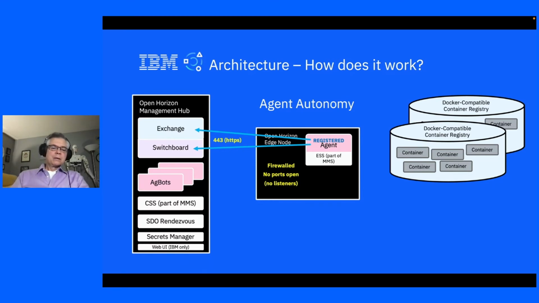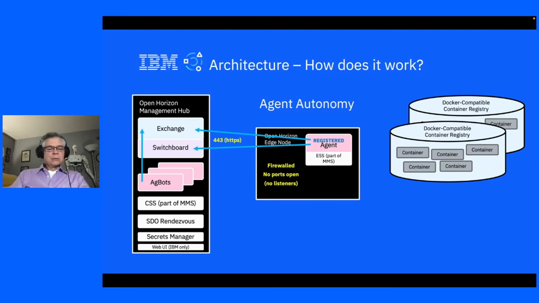And the only port that you need to open for that on the management hub side is the HTTPS port 443. So the agent, as long as it's able to make an HTTPS connection to the management hub's address, can do all of its communications through that mechanism.